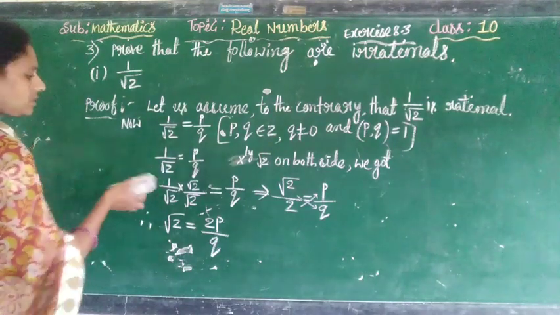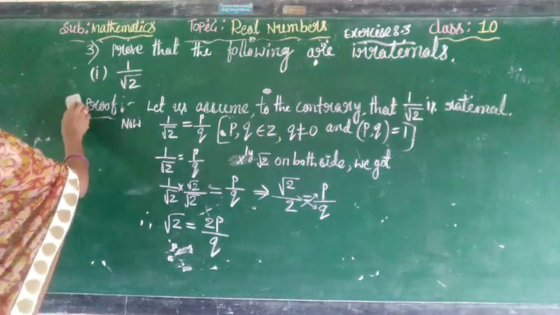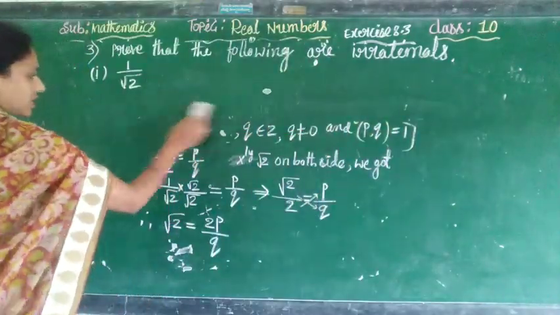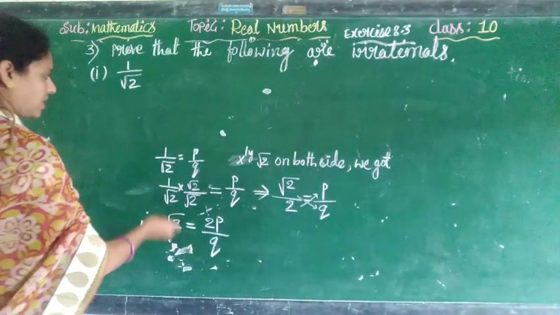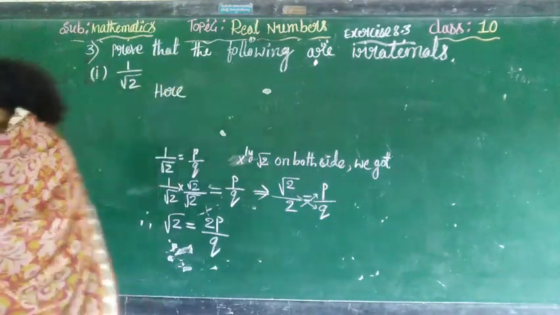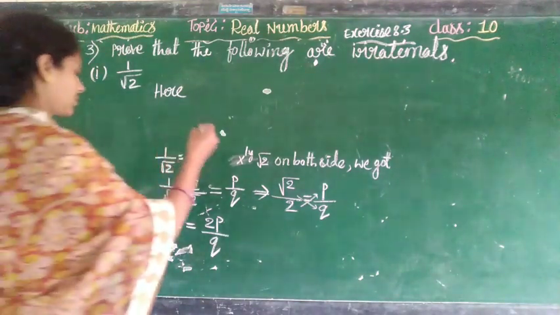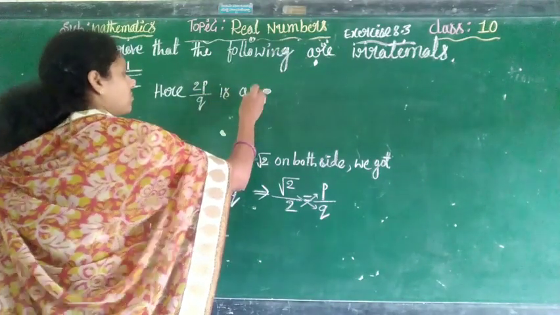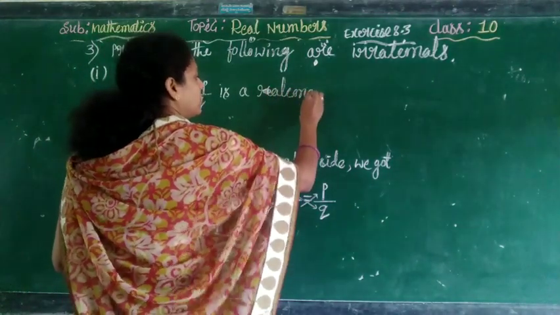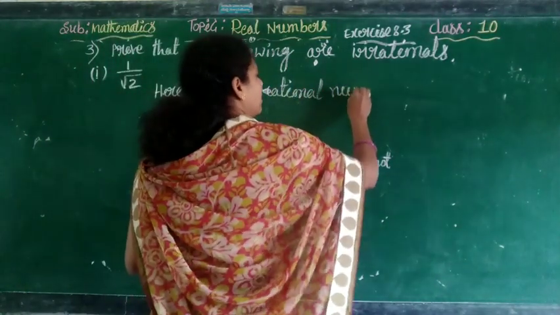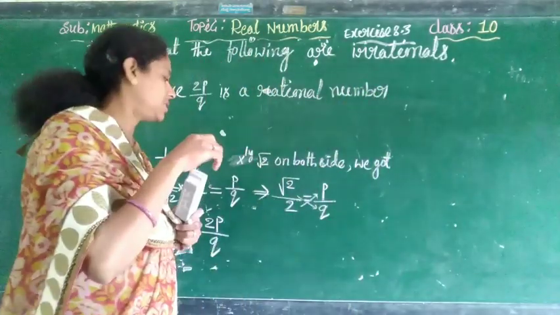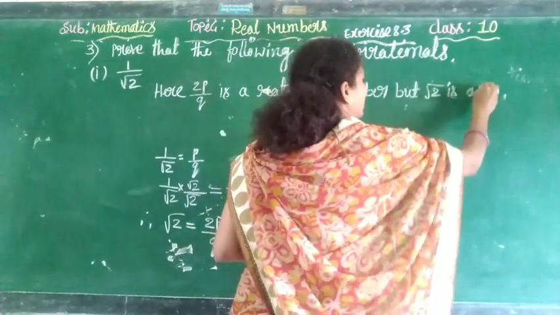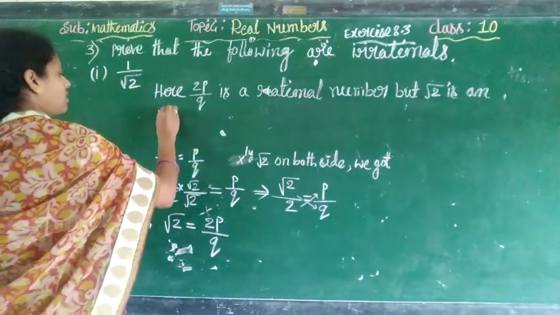Here 2p by q is a rational number, but root 2 is an irrational number.